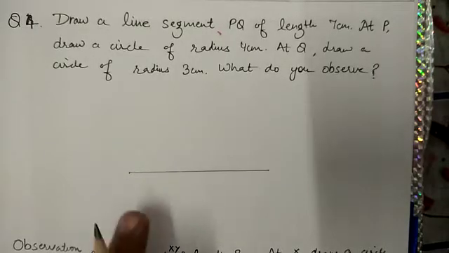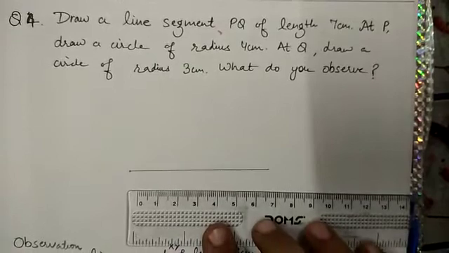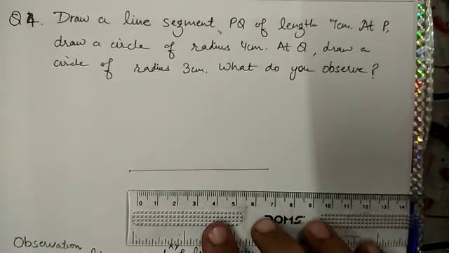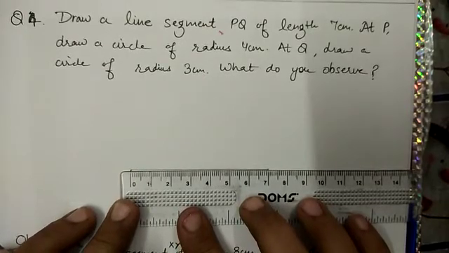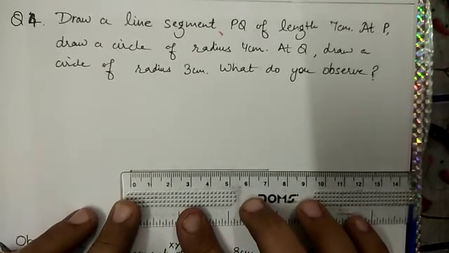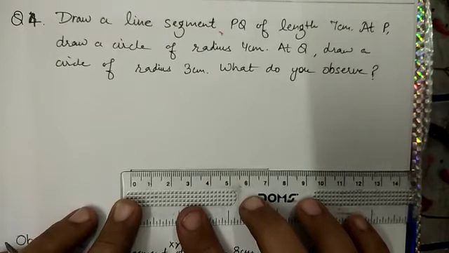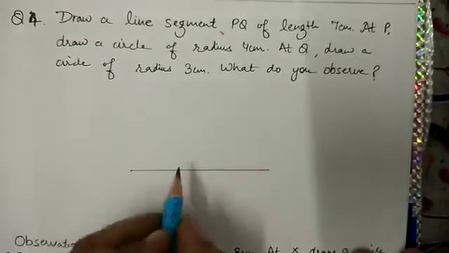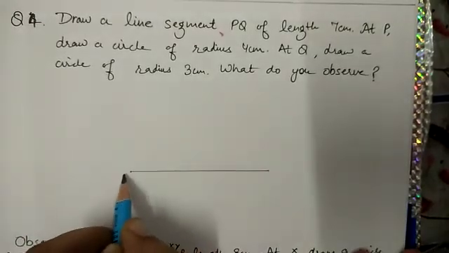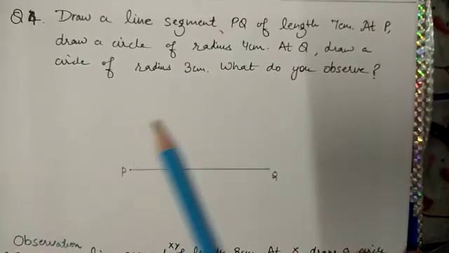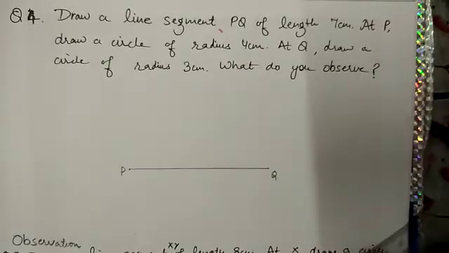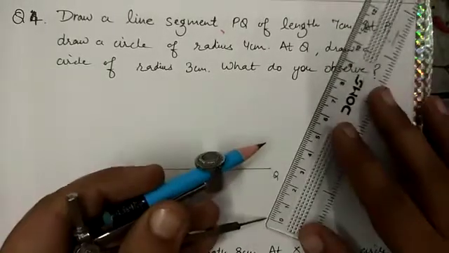First of all, we will draw a line segment of length 7 cm. See, I have drawn this line. Make it sure the length of your segment should be exact 7 cm. And name this segment as PQ. Now at P, we are to draw a circle of radius 4 cm.